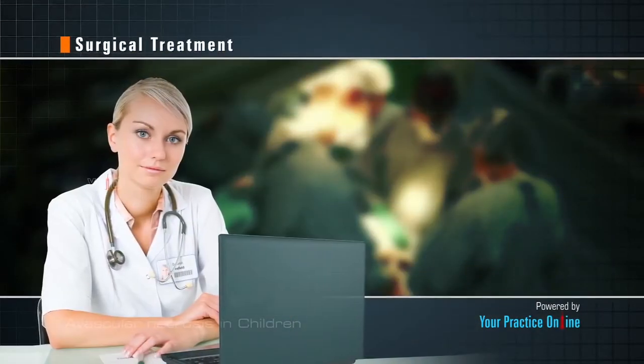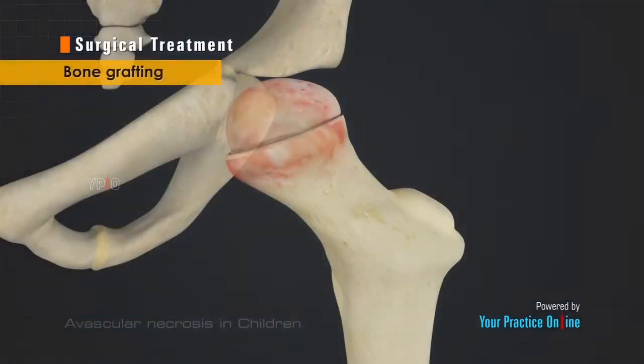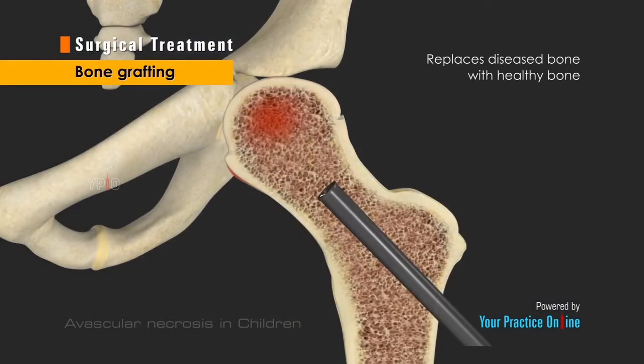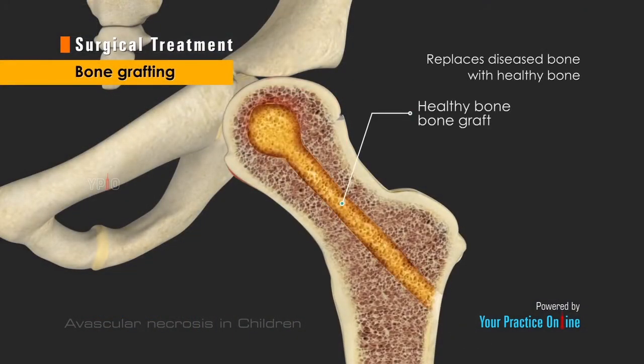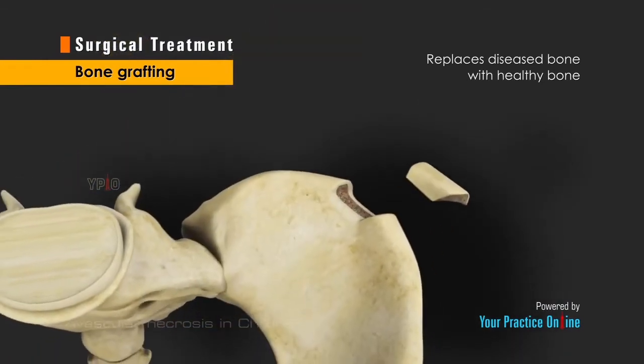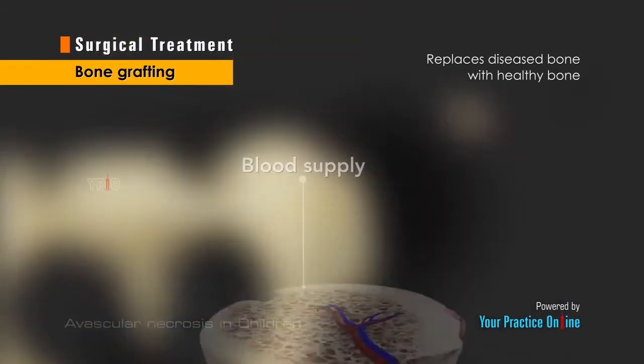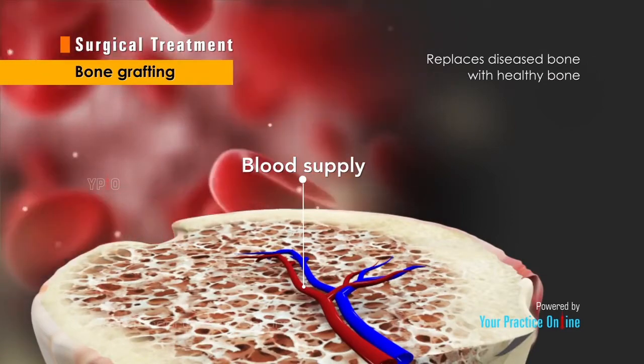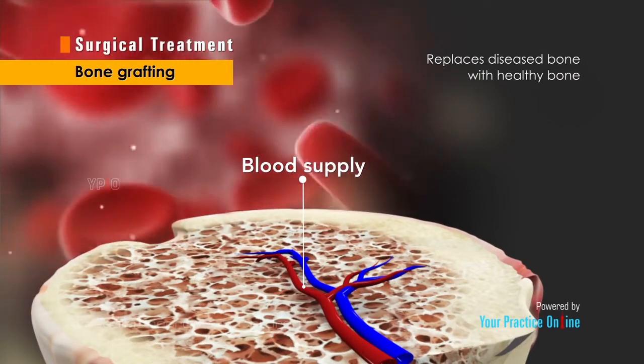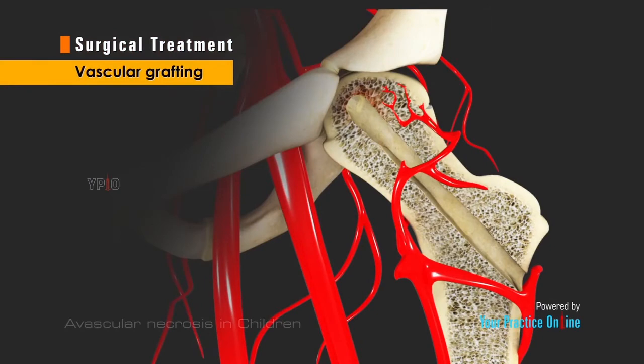Surgical treatment options include bone grafting. This surgery replaces diseased bone with healthy bone, taken from the patient or from a bone bank to increase blood supply to the affected area. Vascular grafting.